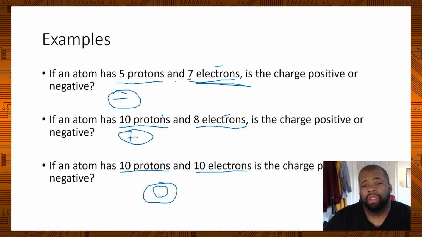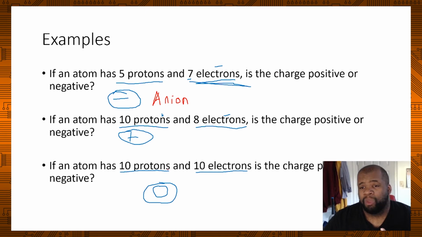Now, because we know this, let's actually flip back. Let's look at these three atoms that we talked about. Atom 1, we said it has a negative charge. So because atom 1 has a negative charge, we will refer to this as an anion.